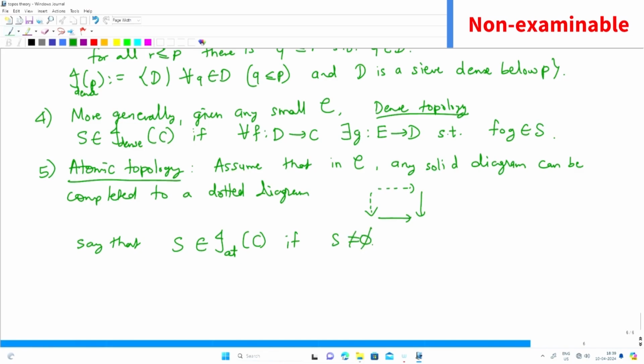All the non-empty sieves are taken, like everything is covering. So the localization with respect to this is going to be really very small. Yeah, you are trying to make the smallest possible thing. It may or may not exist. It only exists if this condition is satisfied.